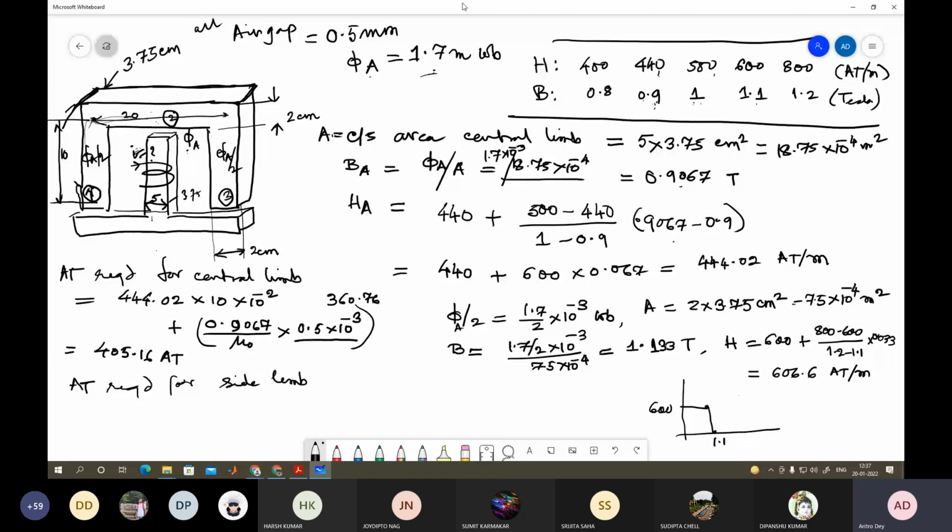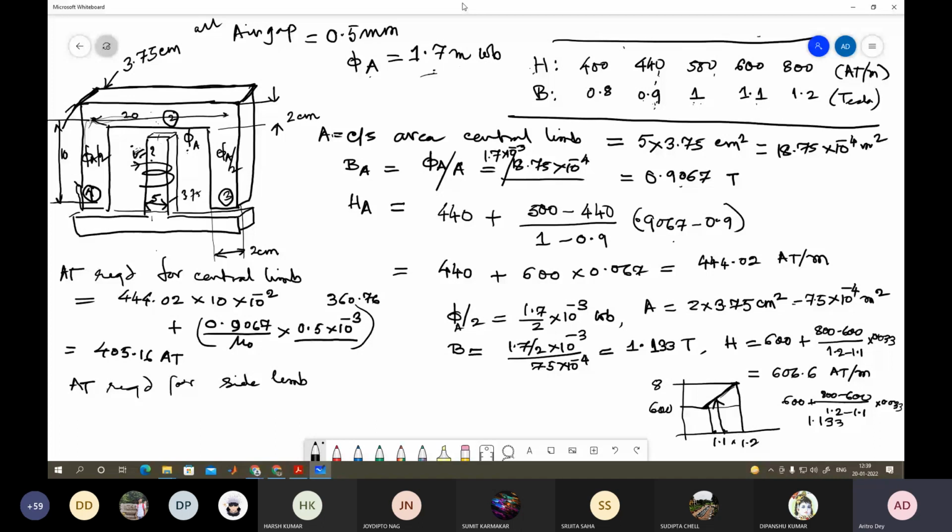But whenever the flux density goes through the air, what will be the intensity? Then you don't have the table. Whenever you have a table, then from there you can find out your H, isn't it? You know B, so for that you are finding out your H. B is constant through the air gap also because the cross section area is the same, flux is the same.